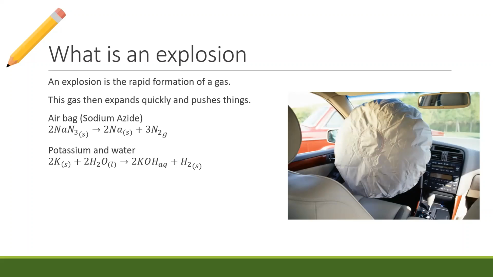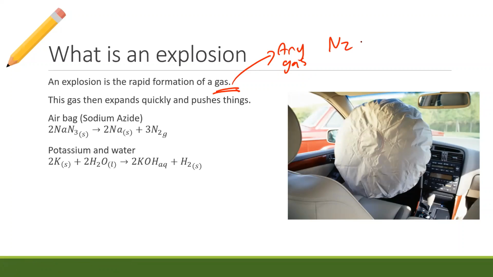When you talk about an explosion, what is the basis of an explosion? An explosion is a rapid formation of gas. Now, that's all it is. But it's actually a really broad definition because it can be any gas.